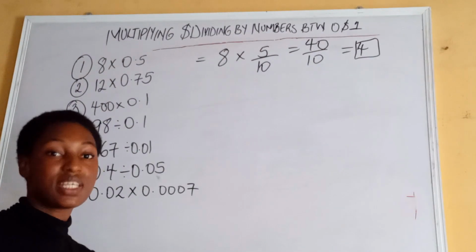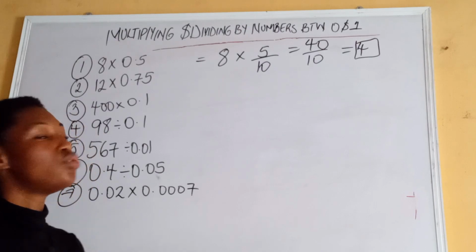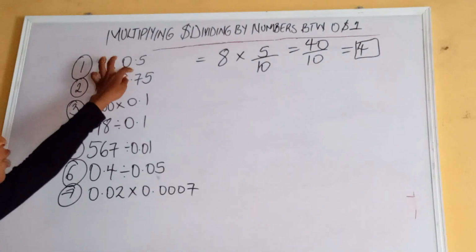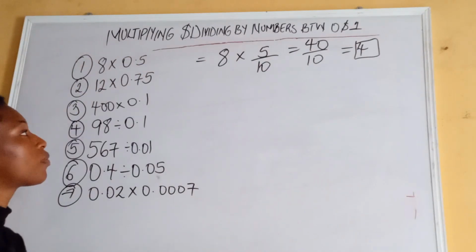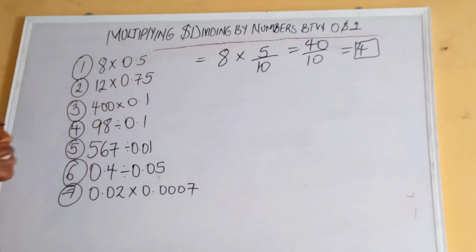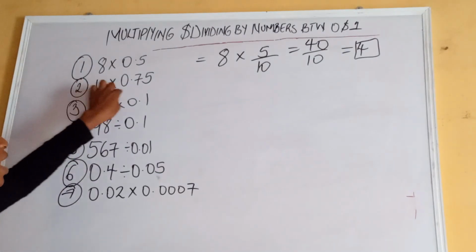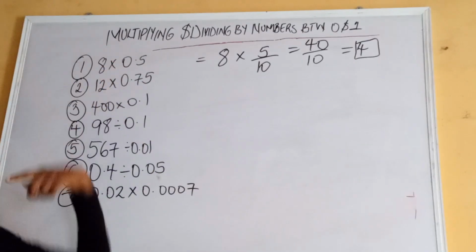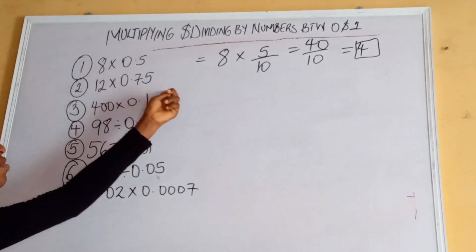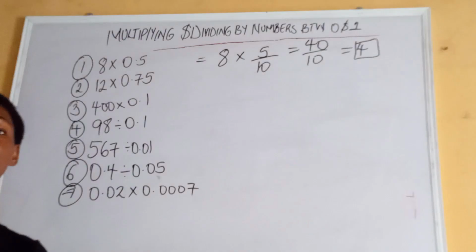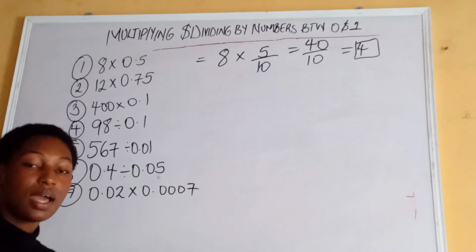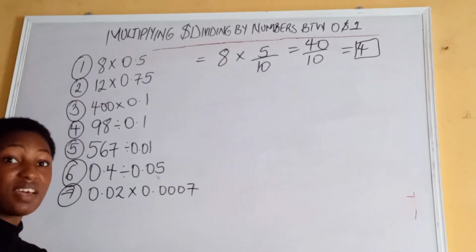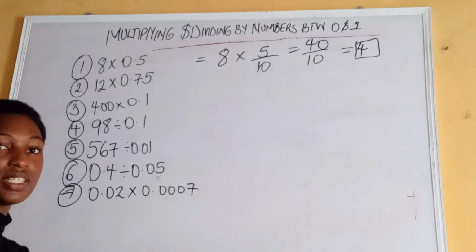Whenever you are dealing with decimals that are between 0 and 1, you know that this decimal means a fraction of a whole, less than just a number. Now let's work on this second question. This is 12 times 0.75. Now this one is not as straightforward as 0.5, which is half, right? But 0.75 means, okay, let's look at a pizza. If you have 12 pieces in a pizza and then 0.75, that's 75% of the pizza eaten.